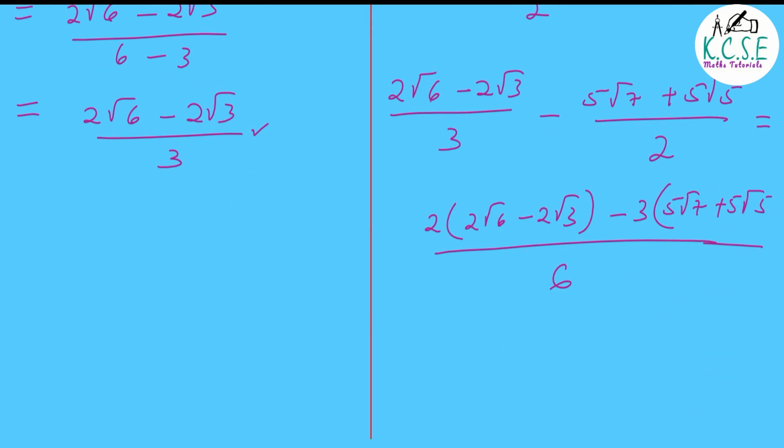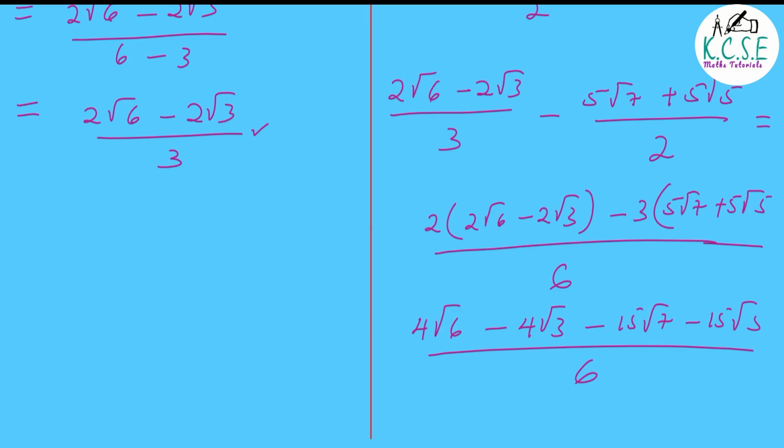Now we can open these brackets. You get 2 times 2 root 6 will give 4 root 6 minus 4 root 3 minus 15 root 7, then minus 15 root 5, everything divided by 6.